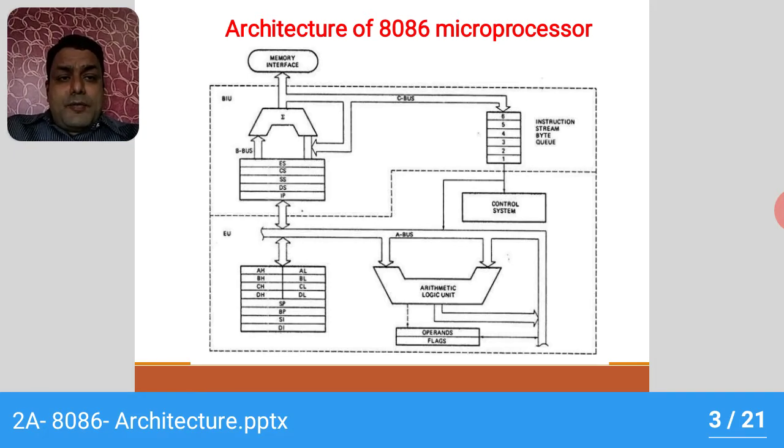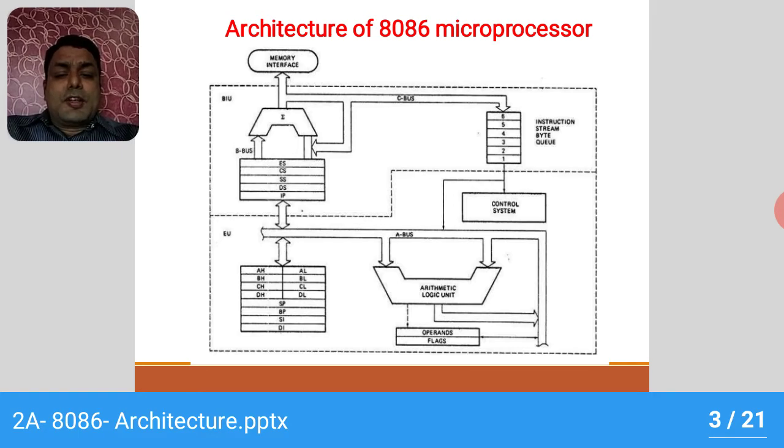A decoder available in the execution unit translates instructions fetched from memory into a series of actions which the EU carries out. The EU has a 16-bit arithmetic logic unit which can add, subtract, perform AND, OR, XOR operations, increment, decrement, complement or shift binary numbers. All those features are available in the 16-bit arithmetic logic unit.